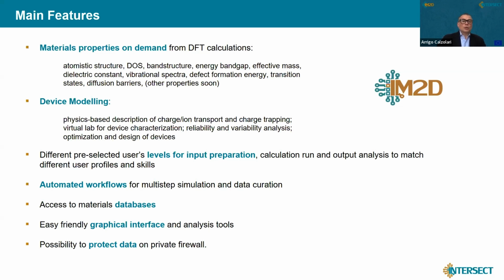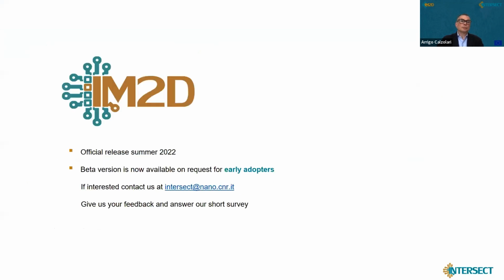You can also have access to the material databases, and you can browse and navigate through the IM2D program using the graphical interface. As I mentioned, there is also the possibility to protect your data on a private firewall, which is quite relevant especially for companies.